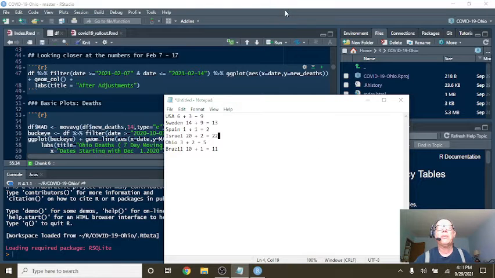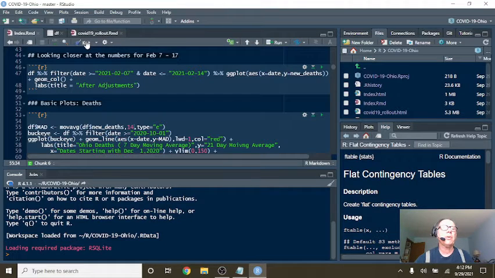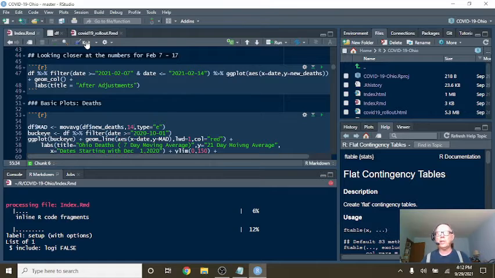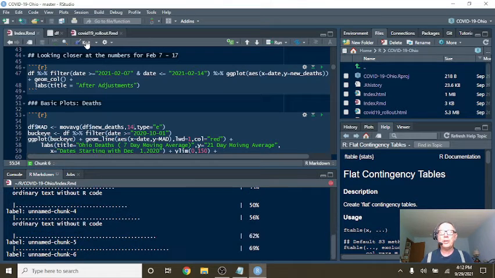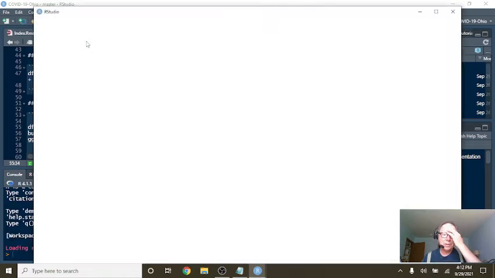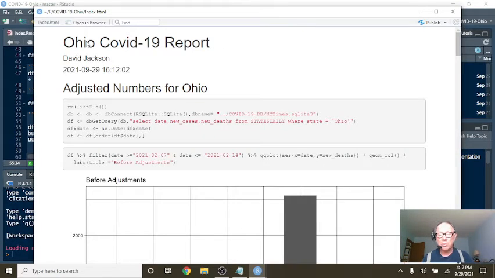Now, while this is running, there are a couple of things we always need to remind ourselves about the Ohio COVID-19 numbers. Most importantly, back in February of 2021, the governor's office said, oops, we undercounted COVID-19 deaths by 4,000 in the fourth quarter. Rather than going back and fixing the numbers, they added those missing numbers onto February 11th, 12th, and 13th, 2021.